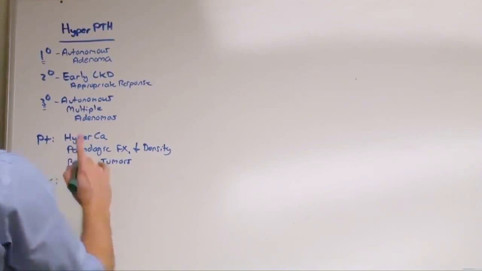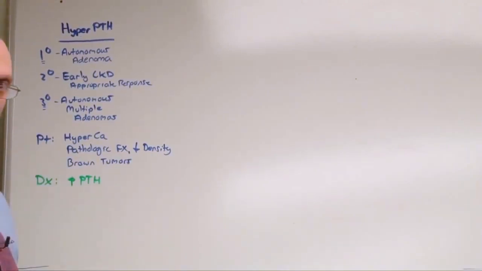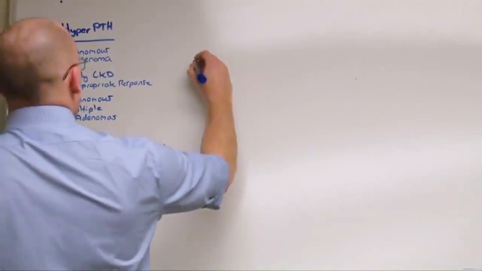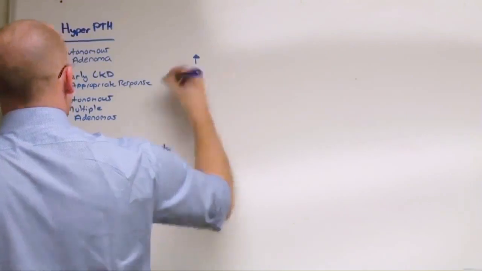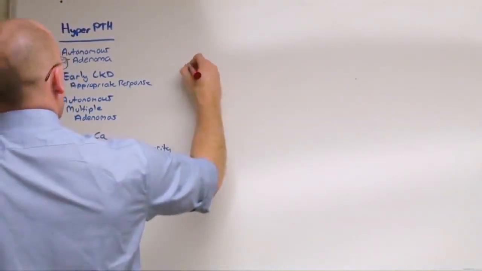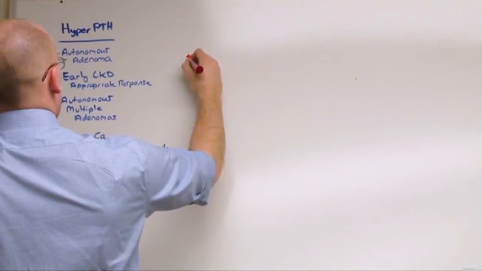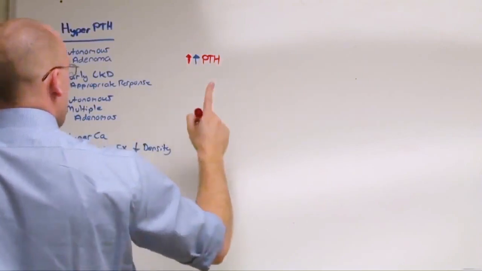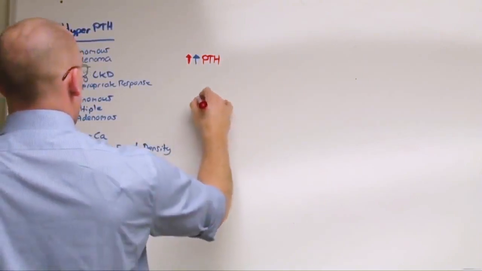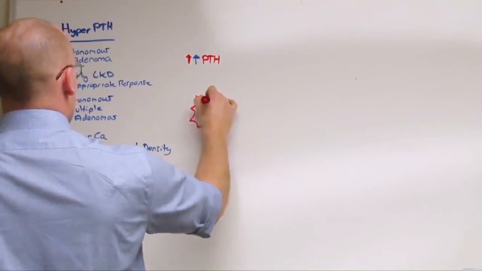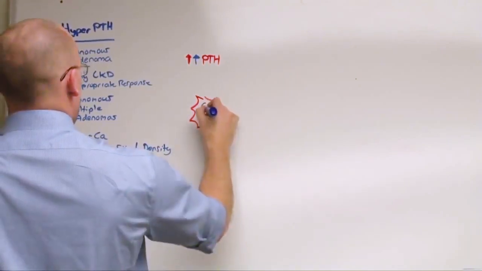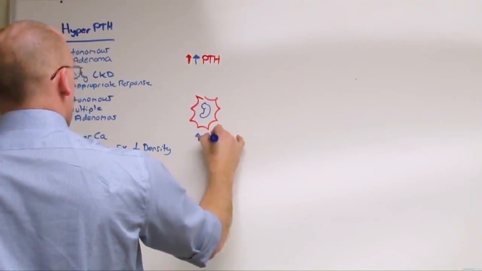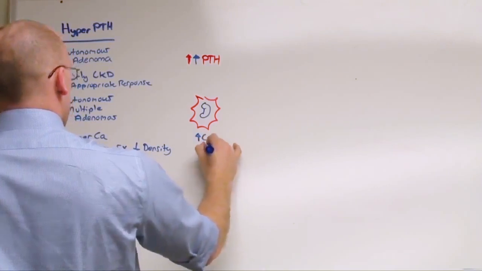And remember now, bring out that list from the very beginning. If you have an inappropriate elevation of parathyroid hormone, the kidney wins, so the calcium goes up and the phos goes down.